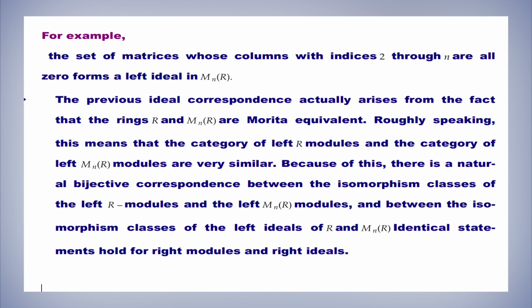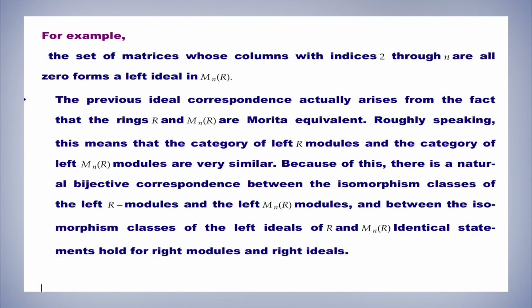The previous ideal correspondence actually arises from the fact that the rings R and Mn(R) are Morita equivalent. Roughly speaking, this means that the category of left R modules and the category of left Mn(R) modules are very similar.